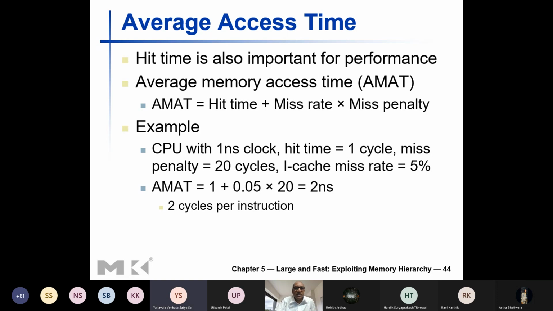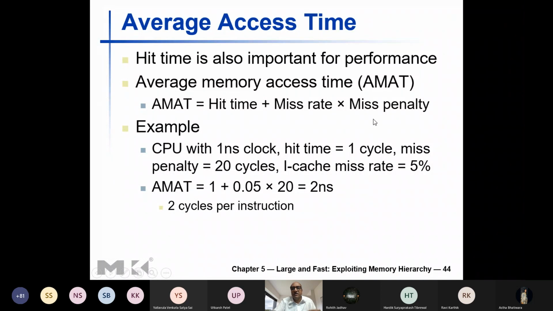Sometimes you'll get a miss, sometimes a hit, but most of the times a hit, and on very few occasions a miss. Hit time means within a cycle you are able to get the data back. In case of a miss, you need to wait.